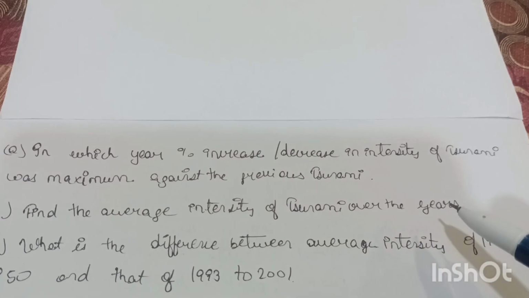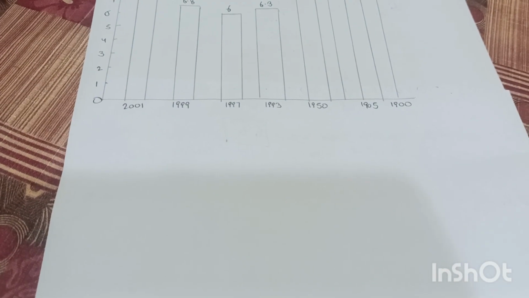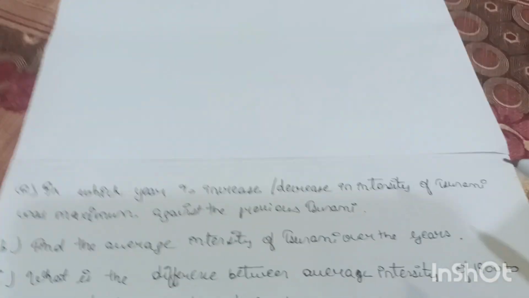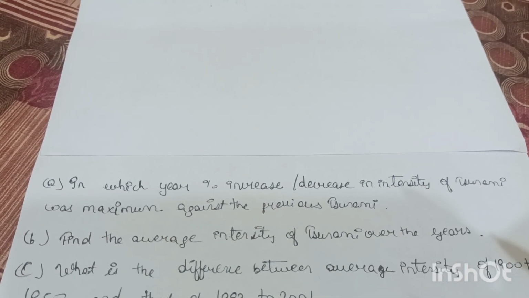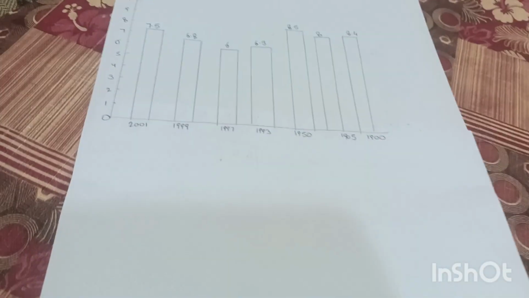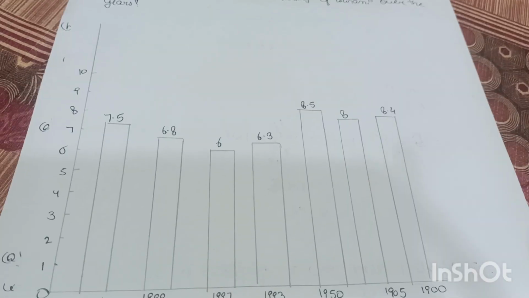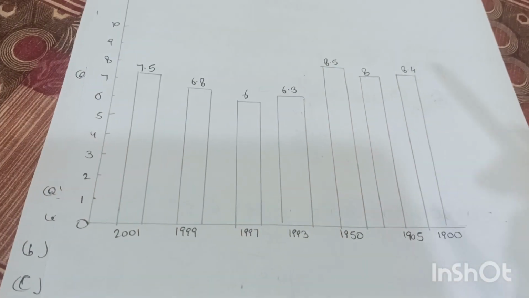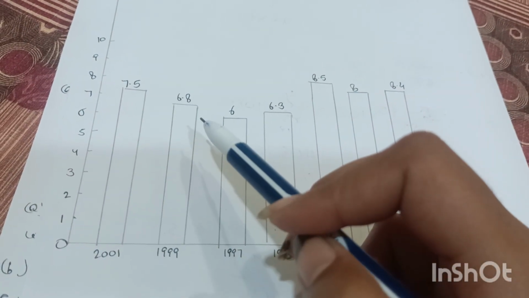So for option number A, you have to find the percentage value. So you have to find the value for all the years, then only you can find which is the maximum highest increase percentage. So let's solve. First we'll solve for 2001. So for 2001, you have to find 7.5 minus 6.8.